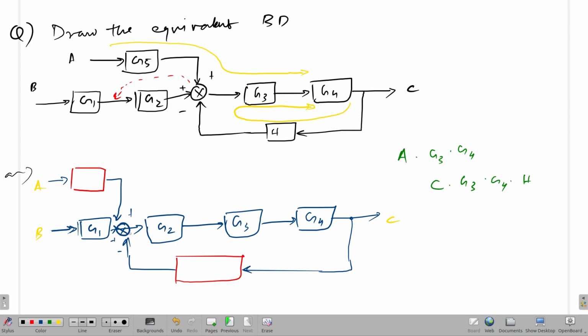But now it will be what? This G2 is getting added, right? So you have to counteract for this using whatever block is coming here. Okay, so A into here obviously G5 is there, here H is there. So how do you counteract for this? You divide whatever is here, this block, with G2. So this one will be G5 by G2 and this one will be H by G2.